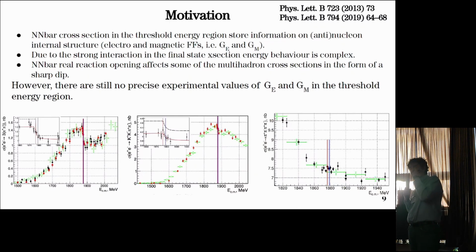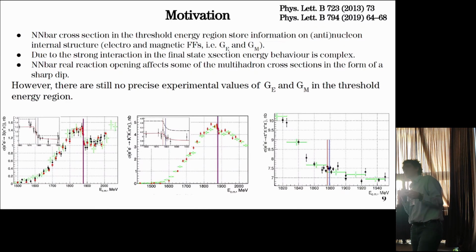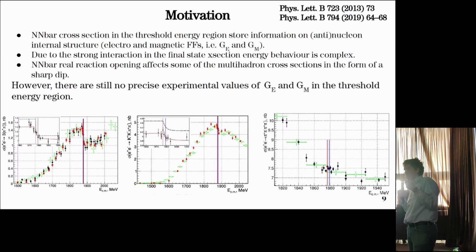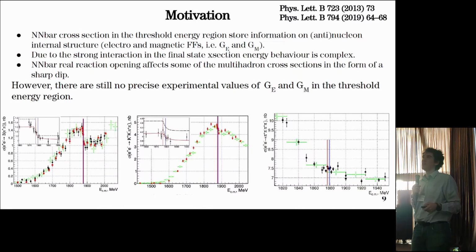Another reason is that the threshold region we're covering in this work, from threshold up to a few GeV in the center-of-mass system, contains a lot of information about the internal structure of nucleons.